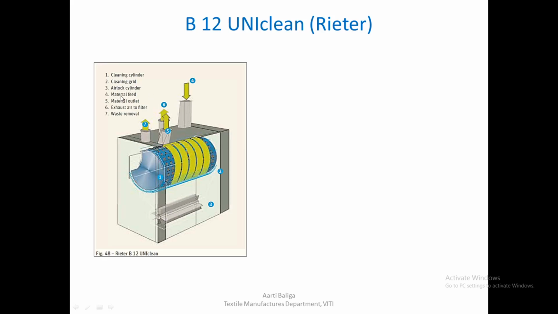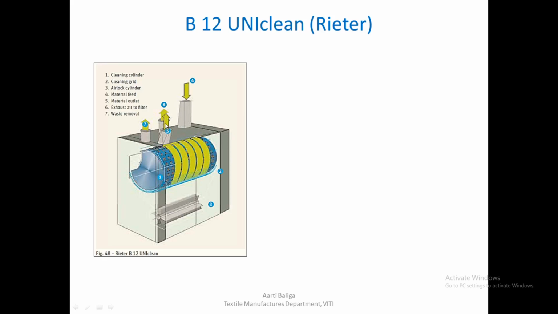Then the feed material, which is marked as 4, is being fed via this transport duct from the previous zone, that is the bale opening. Then the material will enter and spiral around the single or mono cylinder here, and will exit after a few spirals via this particular duct marked as 5.